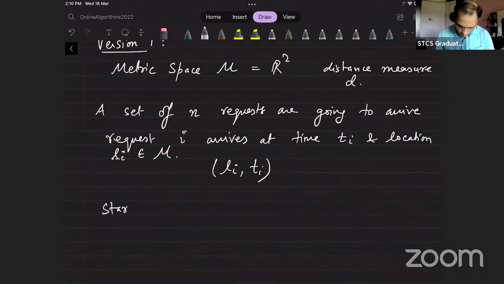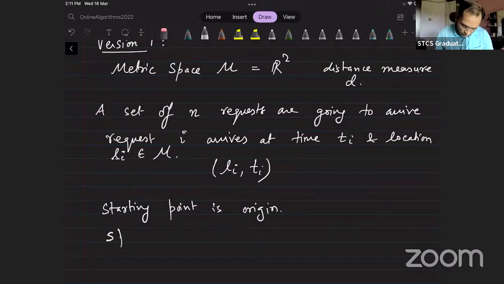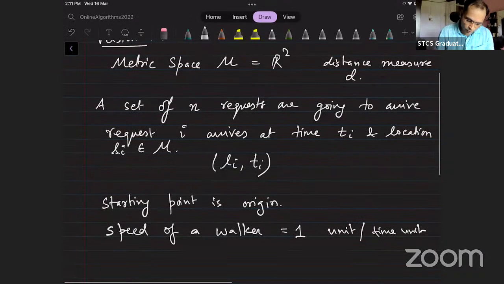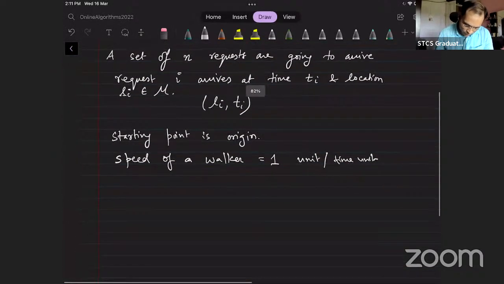Starting point is, without loss of generality, we're going to take the origin. Now this is the time element, which is important. Speed of a walker is going to be 1, or unit speed, 1 unit per whatever time unit you want. All right. So what do you have to do? You're starting from the origin.